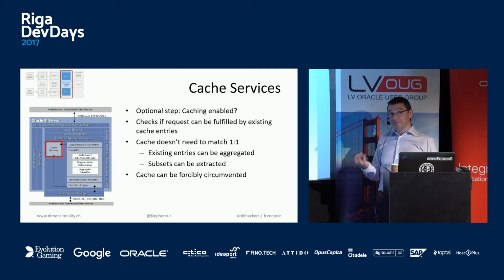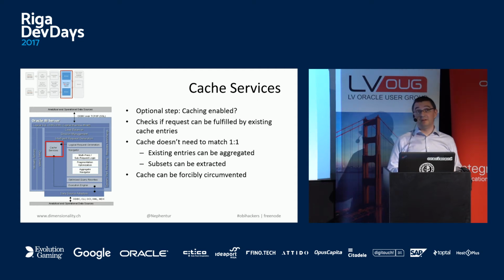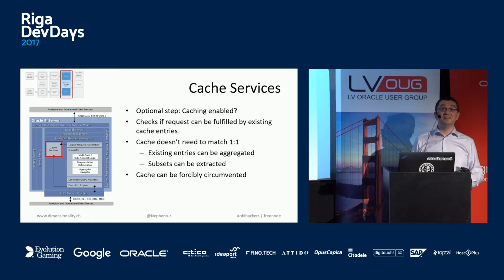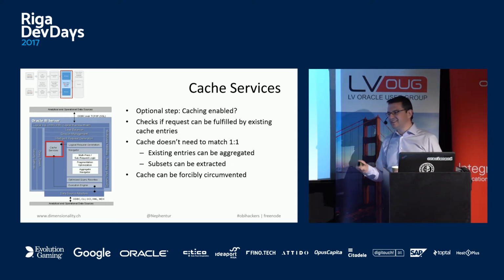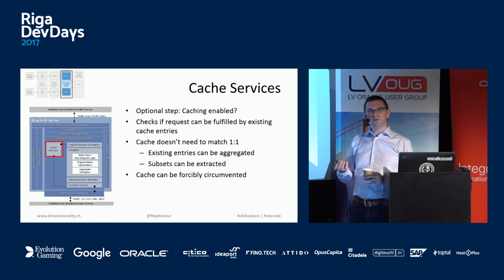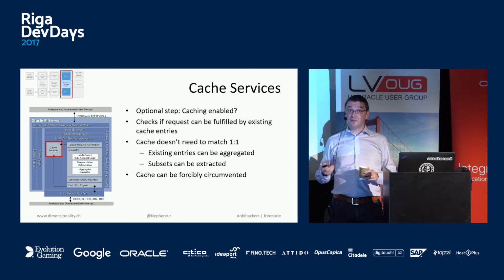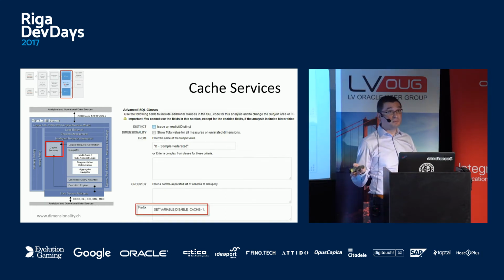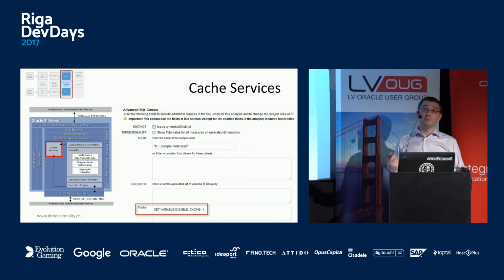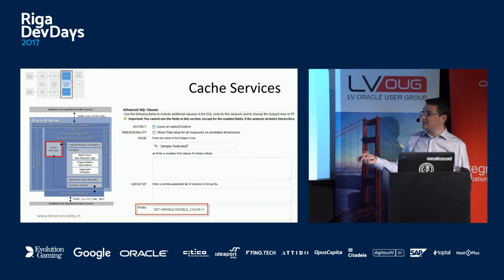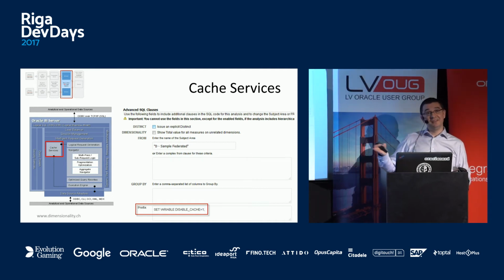We can also circumvent the cache, which is really nice for development and also bug checking in production. A user says, hey, listen, I have this query, it's coming back, but it looks like it's the data from last month. Could you please check? Well, yes, of course we can, because we're admins. We can go in and play with the system and say, we have this variable called disable cache.